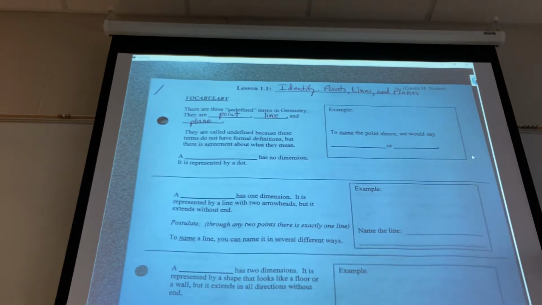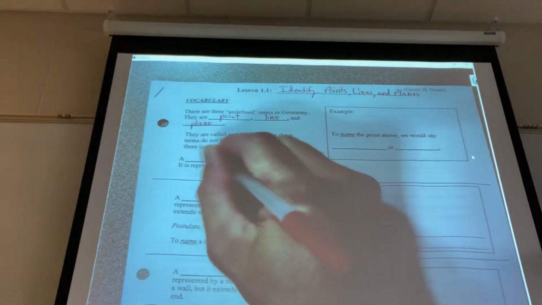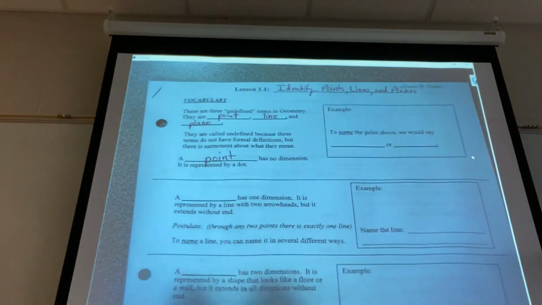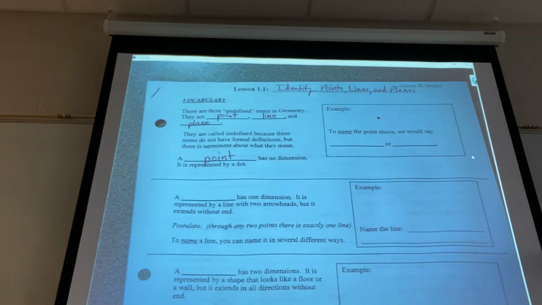All right, so what do you suppose has no dimension and is represented by a dot? A point. And here we go. The most fundamental object we can think of in geometry is a point. And in our geometry books and in Euclid's geometry book, if you had a point, in order to reference it and talk about it, you would give it a name.